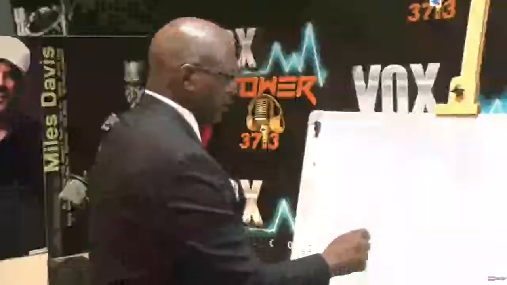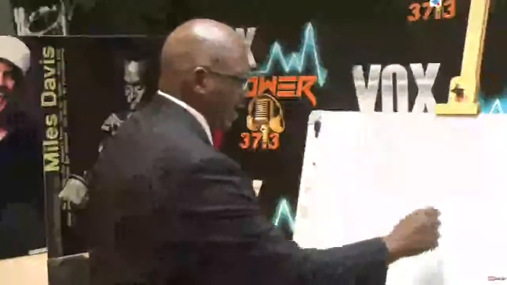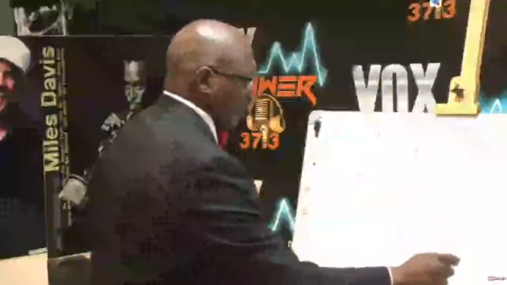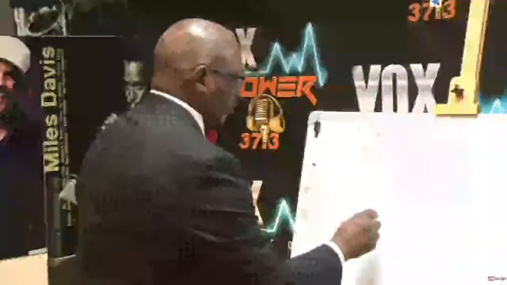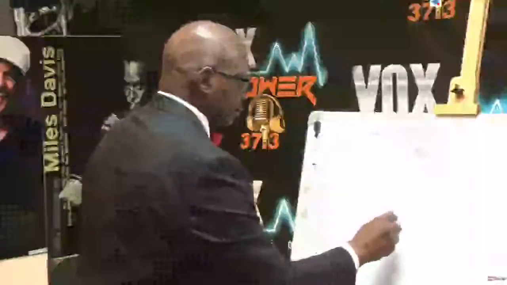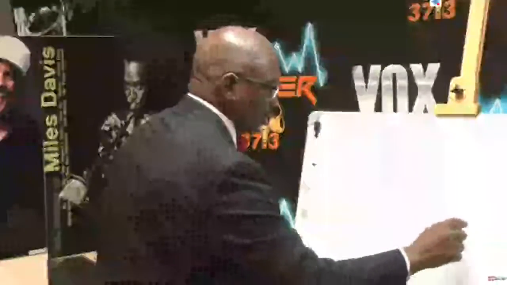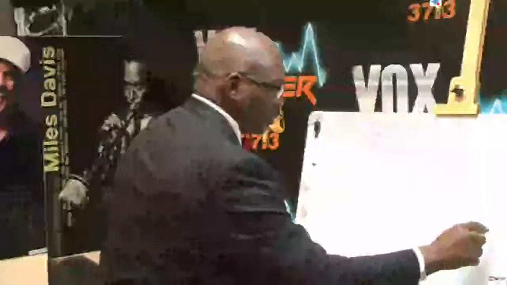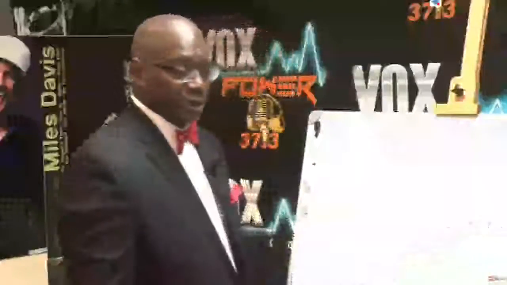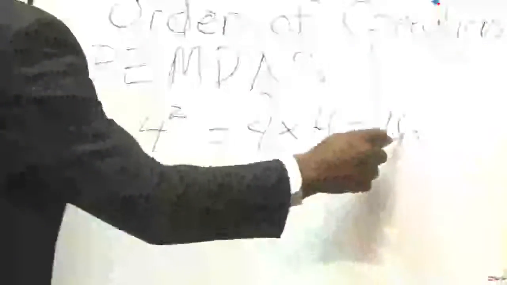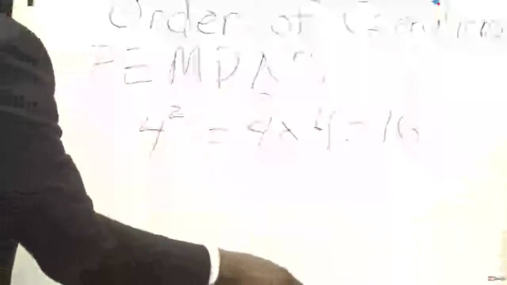They look like this, they could look like that, and so forth. Exponents. When I talk about exponents, it's a number raised to a power. 4 squared means 4 times 4, which is 16. Okay? And of course, multiplication and division, which we see here.